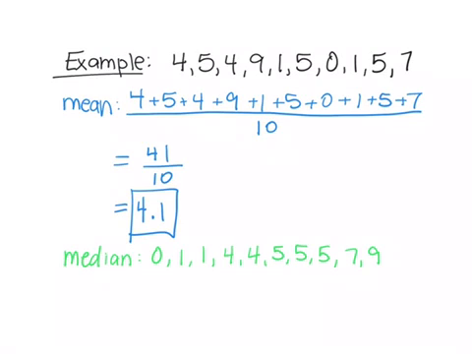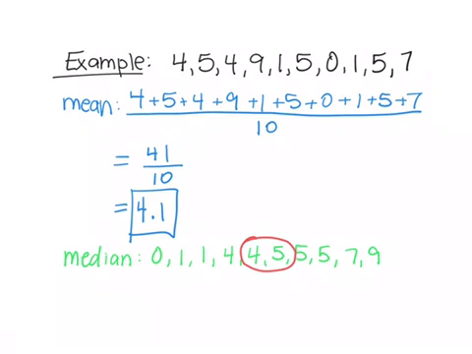And if we want to find the median, we want to find the middle. So if we start on the outsides and work our way in, what you're going to find is that the middle is both of these values. Now, that does not mean that 4 and 5 are both the median.